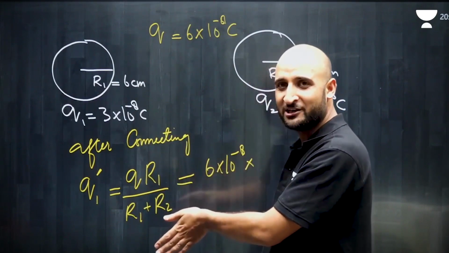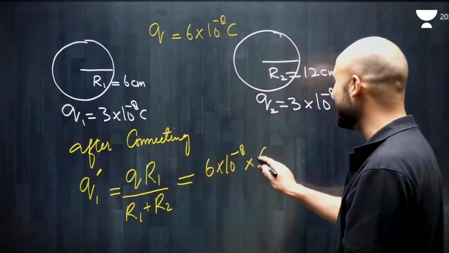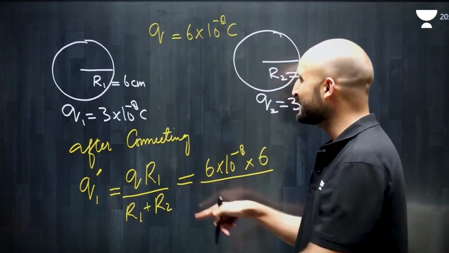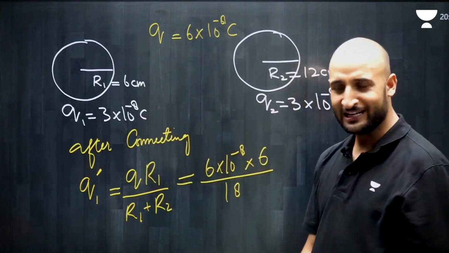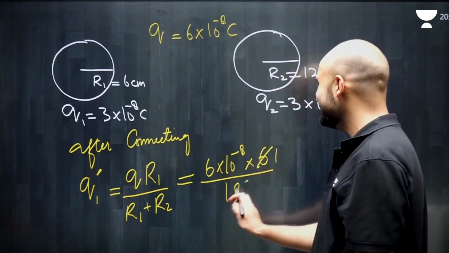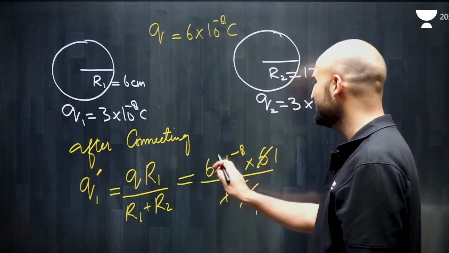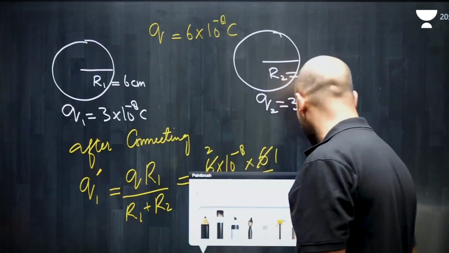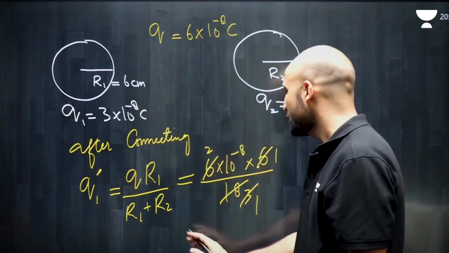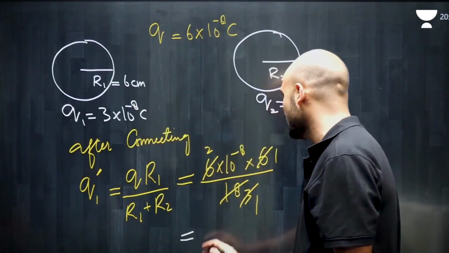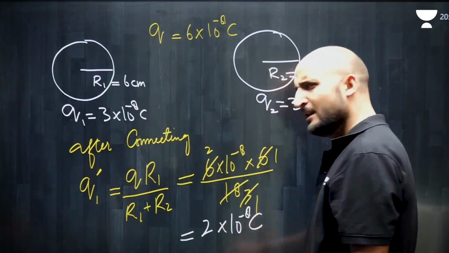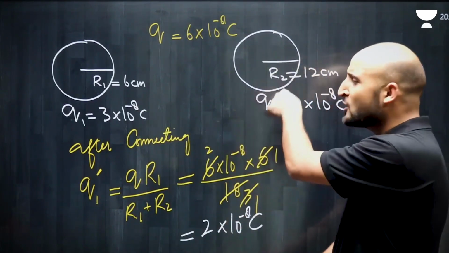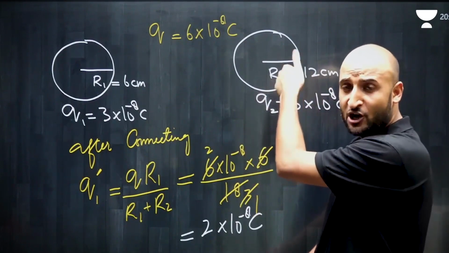So I simply write into 6 divided by R1 plus R2, that is 6 plus 12, which is 18. 6 3 is 18, so that will be 1 third. So the final charge on this sphere, Q1 prime, will be equal to 2 into 10 power minus 8 coulomb.